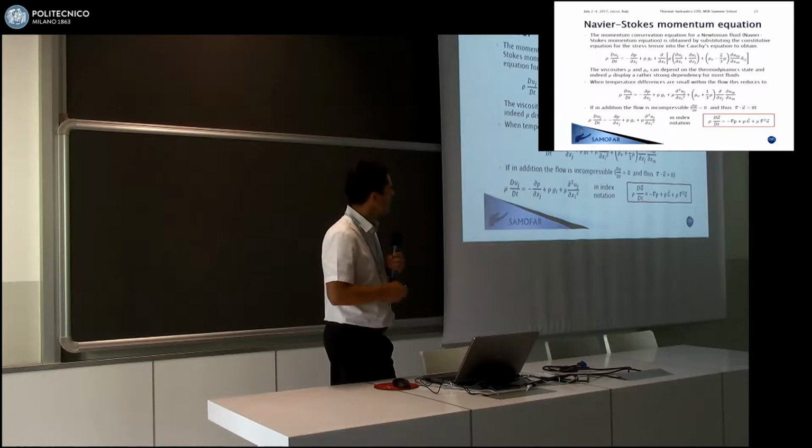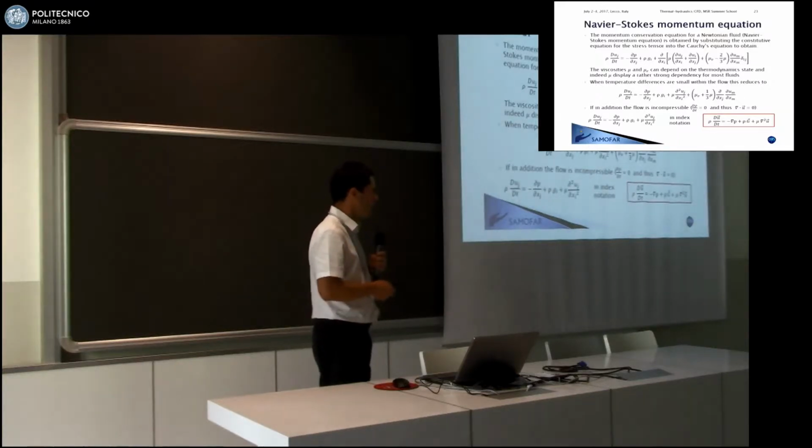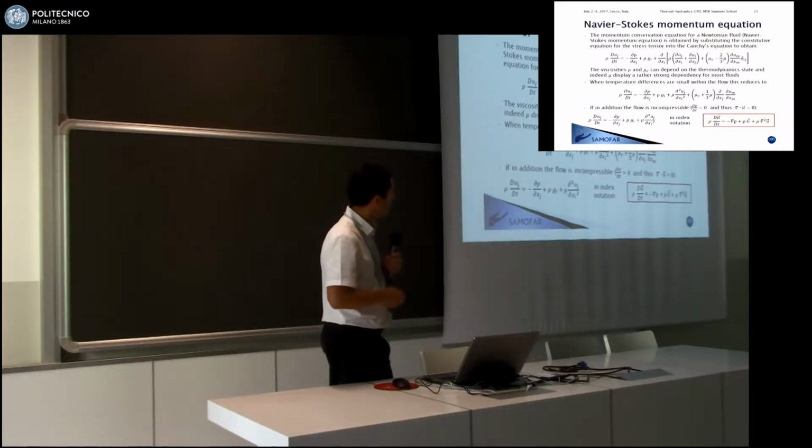Actually, this is not the difficult part. The difficult part is still on the left side because, again, this is a material derivative. So it has two components. It has a local acceleration, and then you have a convective acceleration that is a very non-linear term that we'll see will cause many difficulties.